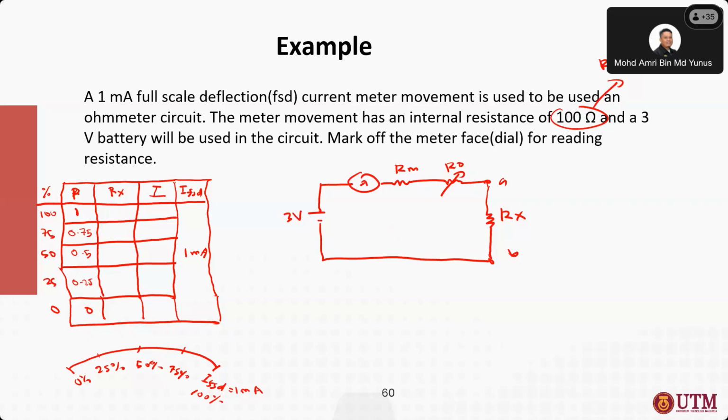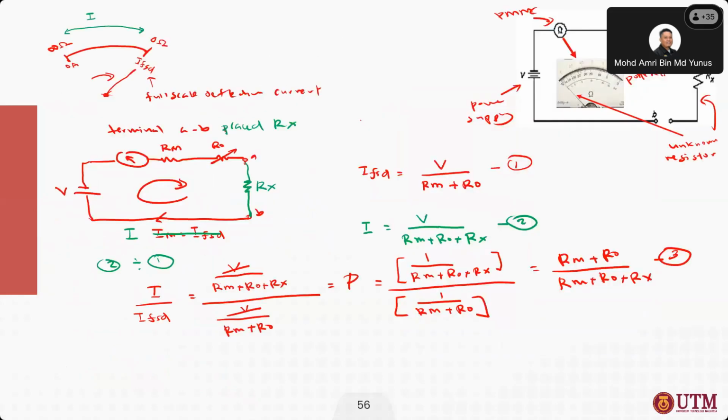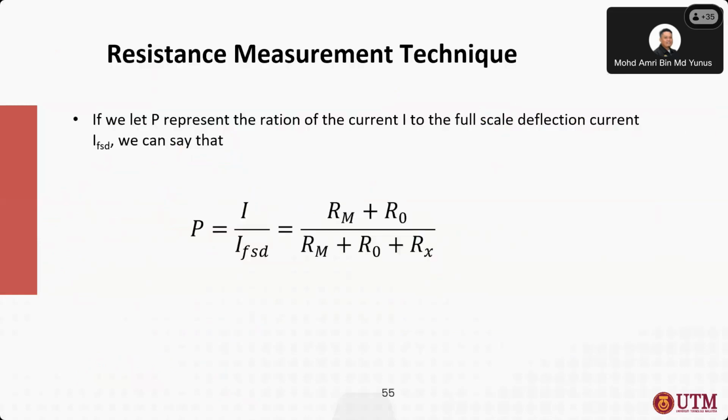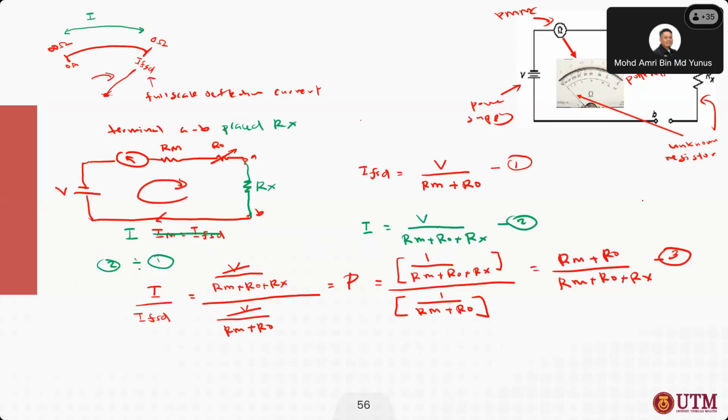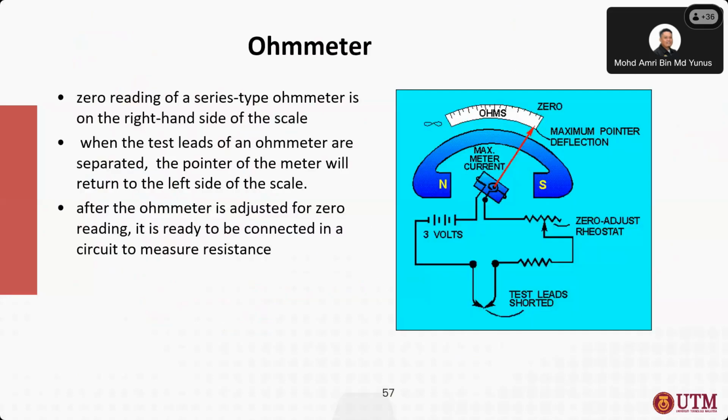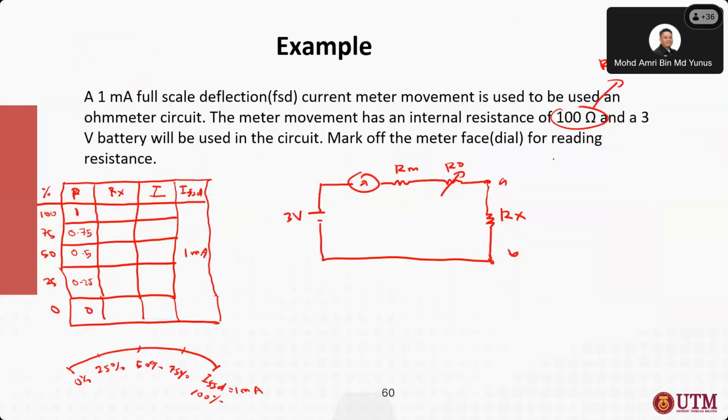We can use this equation. The ratio P equivalent to I over IFSD equals RM plus RO divided by RM plus RO plus RX. I have shown you how it was derived here. So we're going to take that equation P equivalent to RM plus RO over RM plus RO plus RX.